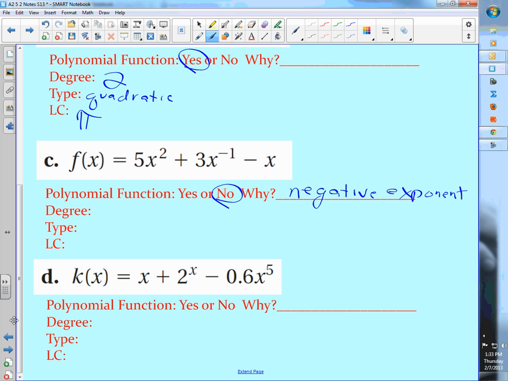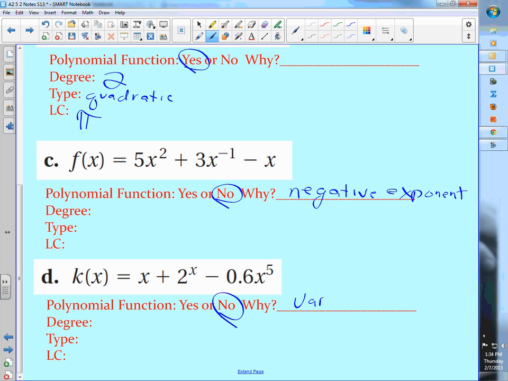Can you think of a value for x where it wouldn't be a whole number? Like -1, a half, 2/3, square root of 7. All those values for x would invalidate this being a polynomial function, so this is no.